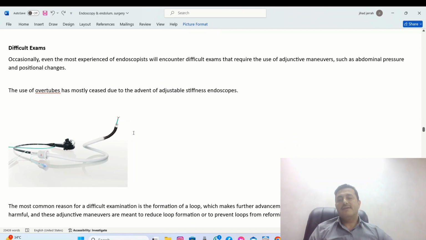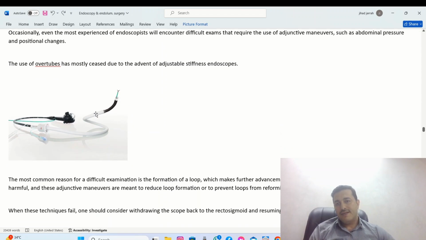When dealing with a difficult exam, we said we have different maneuvers: changing the position, abdominal pressure. The overtube, you see, this is a tube actually, an overtube. This is a tube placed over the scope, like the cylinder technique when inserting a jugular vein. Actually, this is a tube that is more stiff.